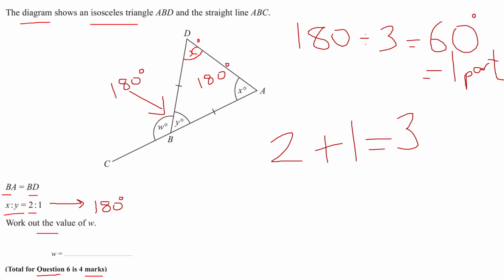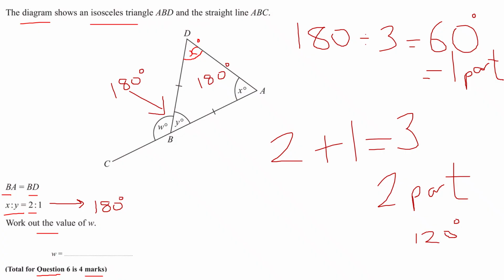But it's not an equilateral triangle, so that isn't going to make sense. Have I made a mistake? One part is 60 degrees, so 2 parts is 120 degrees. But obviously x can't be 120, because that makes it above 180, which we can't have.